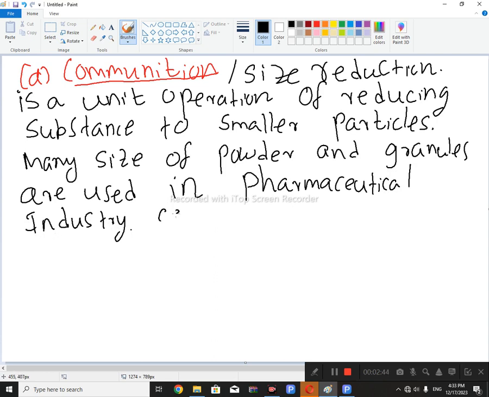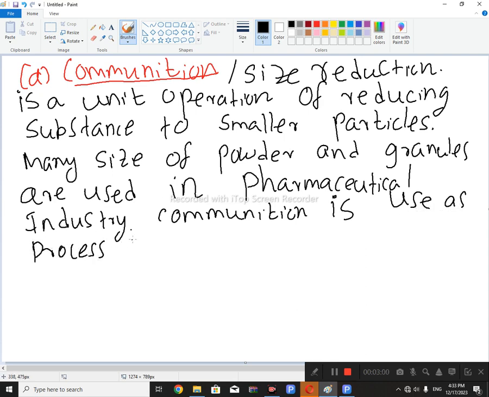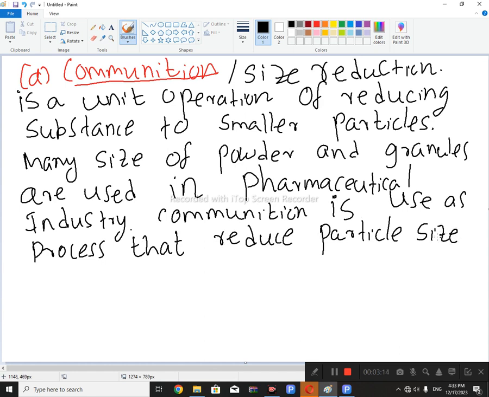Combination is used as a process that reduces particle size to the required small particles.